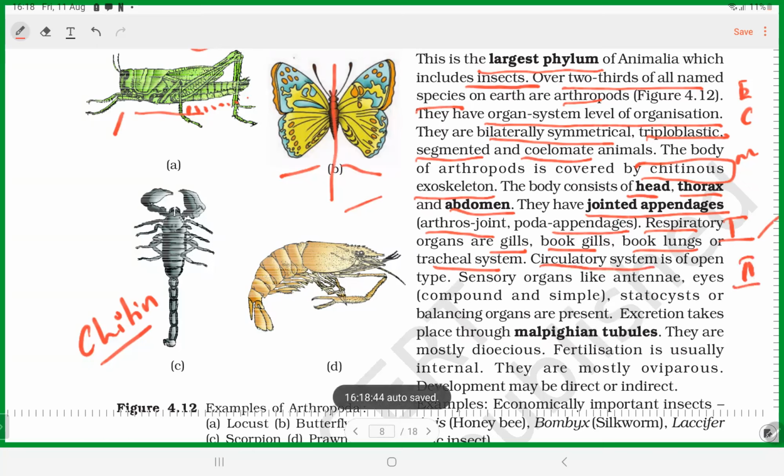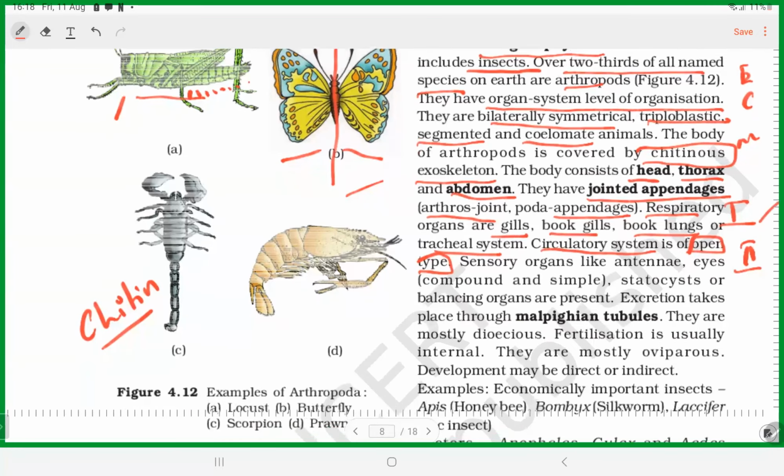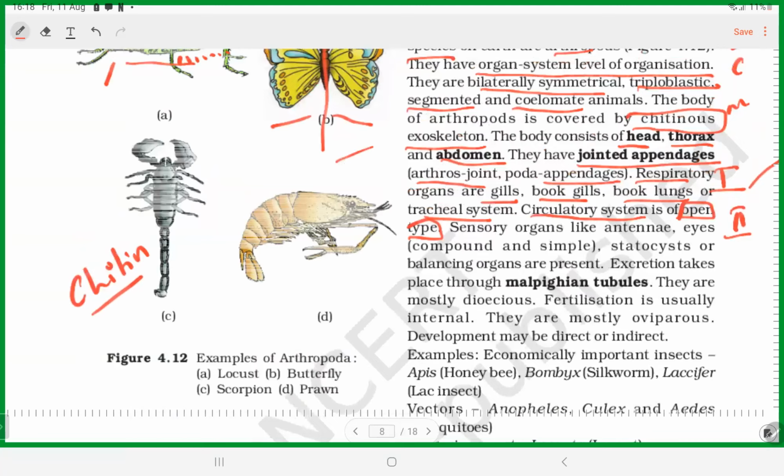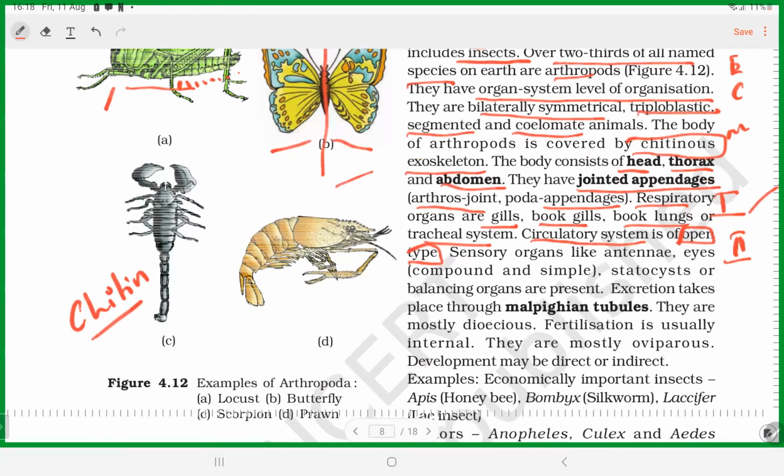The circulatory system of insects is open type. Very important thing. Open type means blood is not circulated through closed blood vessels. So another important thing, they have only an open circulatory system.